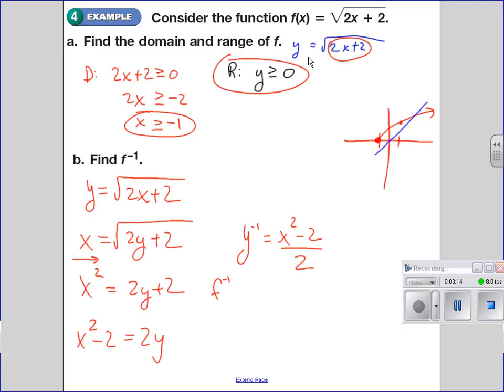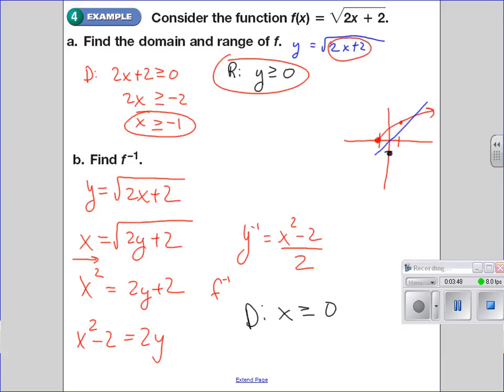That means, without even having to graph that, I should first talk about the domain and range. The domain and range of my inverse has to match with the domain and range of my original function. In other words, the range of the first one has to go with the domain of the second one. X has to be greater than or equal to 0. And in a picture sense, if this flips across here, that works.